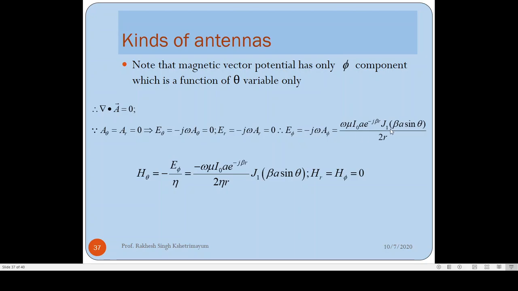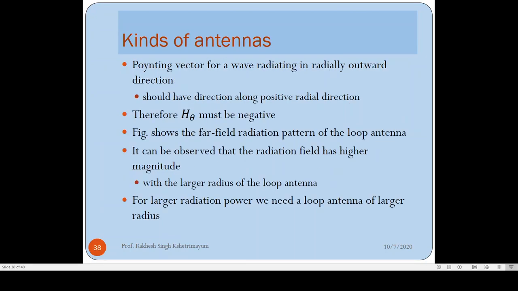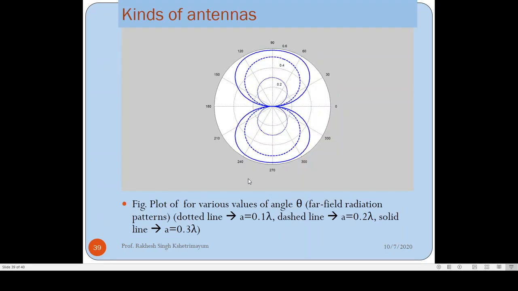But for the E plane, there is dependence of the electric field with respect to theta. So you have J1 of beta A sin theta here. You can plot it easily in MATLAB using a command for the Bessel function. So when you plot it, what you see is the E plane of the radiation pattern of the antenna.